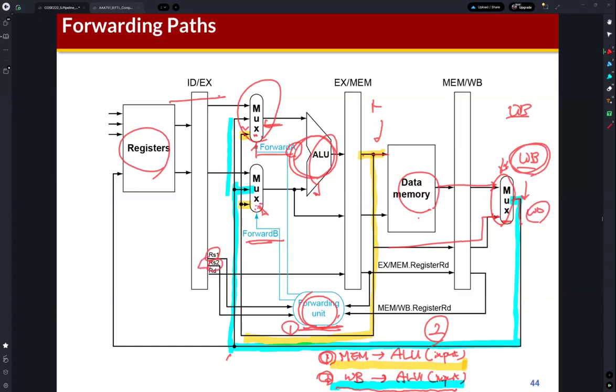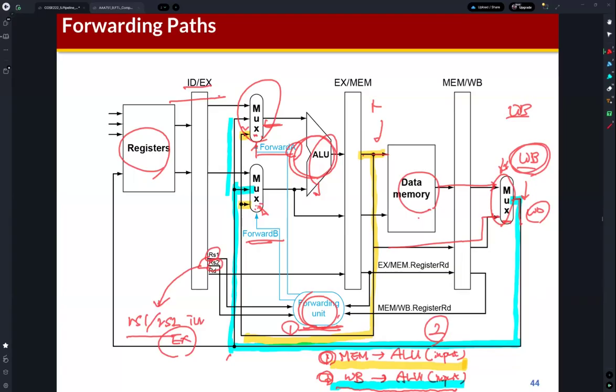What are these RS1 and RS2? They are RS1 and RS2 in the EX stage, because this is the output of the ID/EX pipeline register, so RS1 EX and RS2 EX.